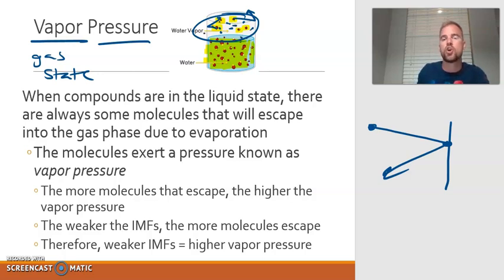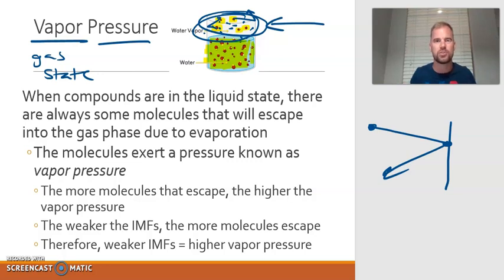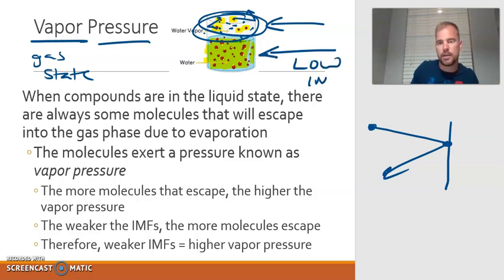Well, what is going to create more particles in the gas phase? What would allow more particles to escape into the gas phase? More particles would be able to escape if you had very low intermolecular forces in the liquid phase, right? Because if they were weaker, more particles would be able to escape, and therefore higher vapor pressure.